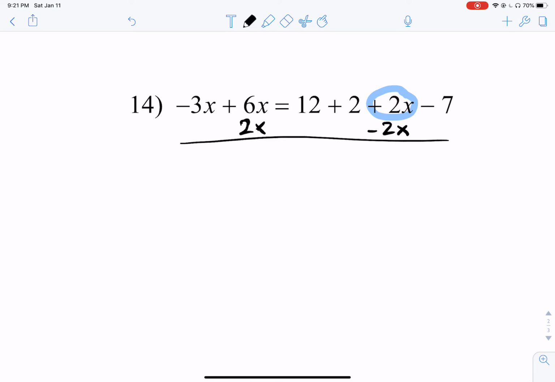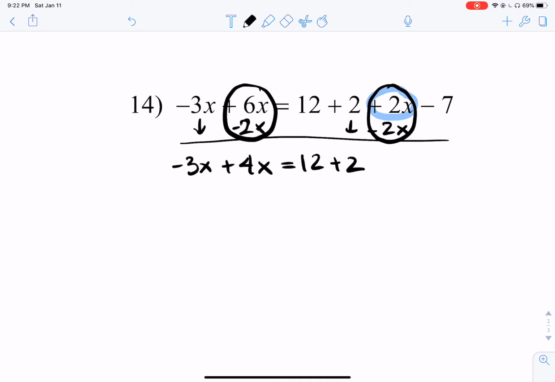All right, and this is what we have left. I'm going to bring down the -3x, perform this operation, and 6x minus 2x, that's equal to 4x. And over here, I'm going to bring down the 12, bring down the 2. Adding and subtracting 2x cancels each other out. And bring down the -7.